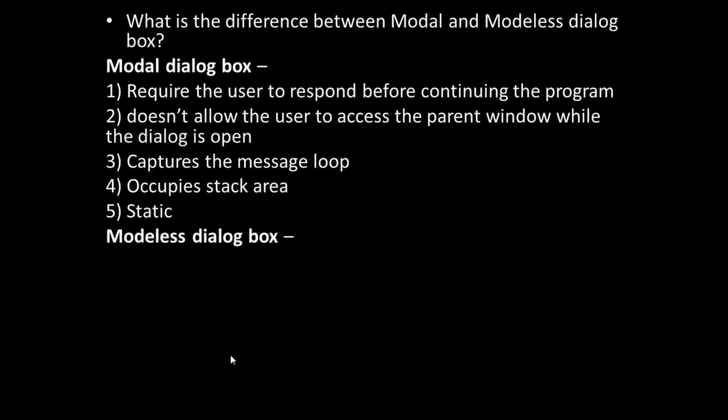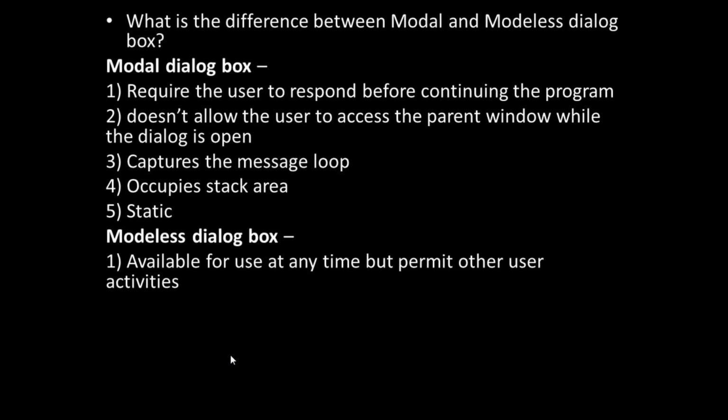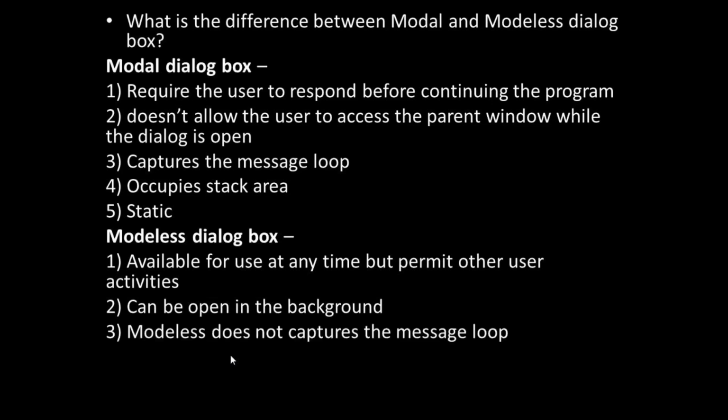Now coming to the modeless dialog box. First, it is available for use at any time but permits other user activities, that we saw. In parallel you can work with the modeless dialog box as well as your parent window. So it can be open in the background, and modeless does not capture the message loop.